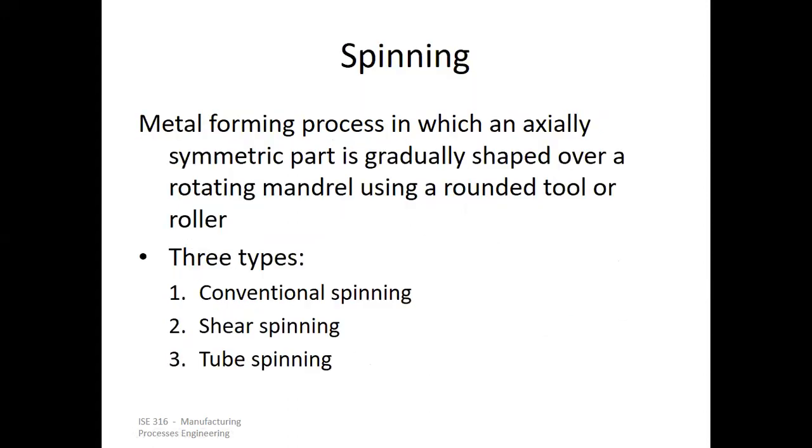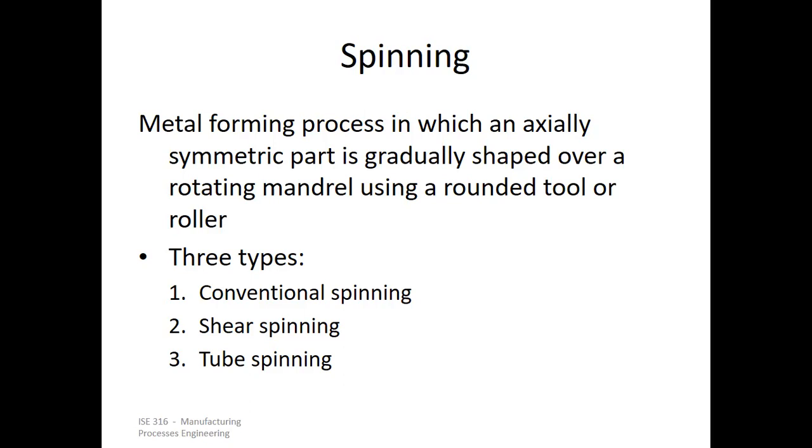Spinning, right? This is another important topic. So you see, it's a metal forming process in which an axially symmetric part is gradually shaped over a rotating mandrel using a rounded tool or roller, right?